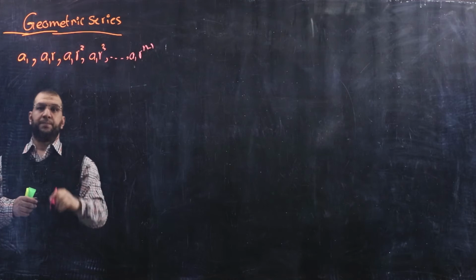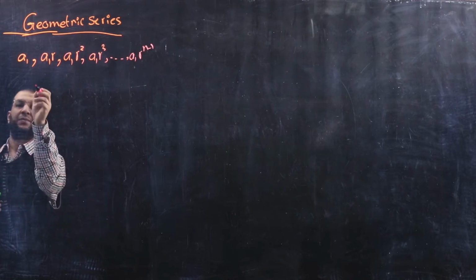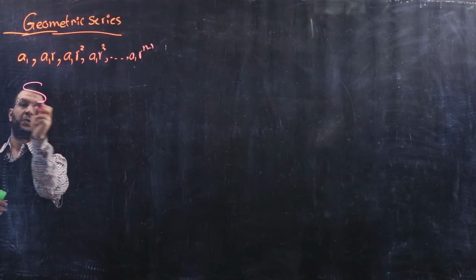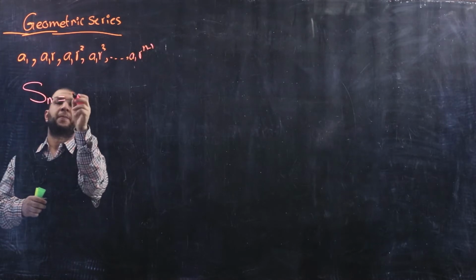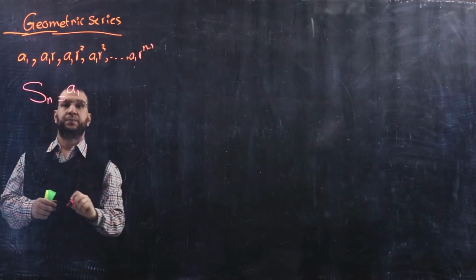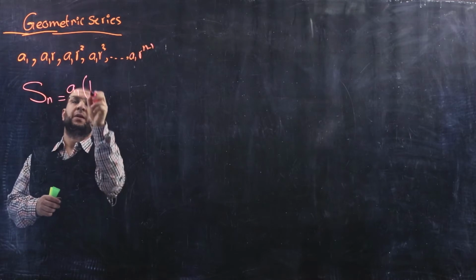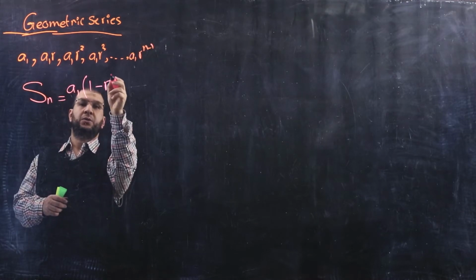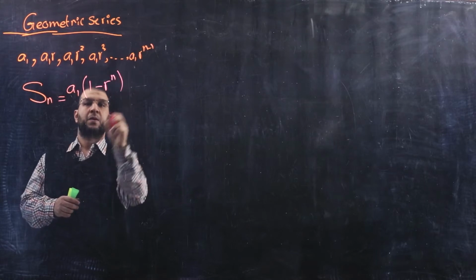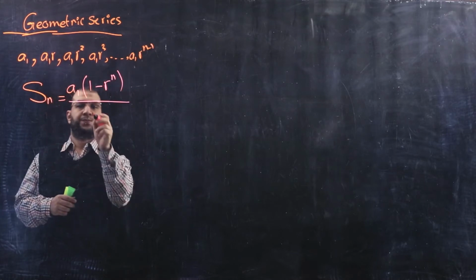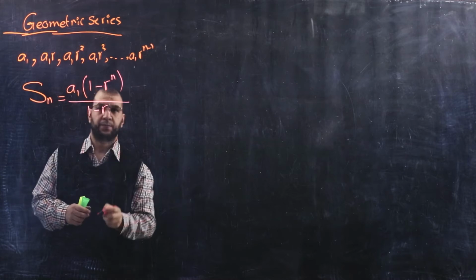To get the sum, we have a rule. This rule says S sub n equals a sub 1 multiplied by 1 minus r to exponent n, over 1 minus r.